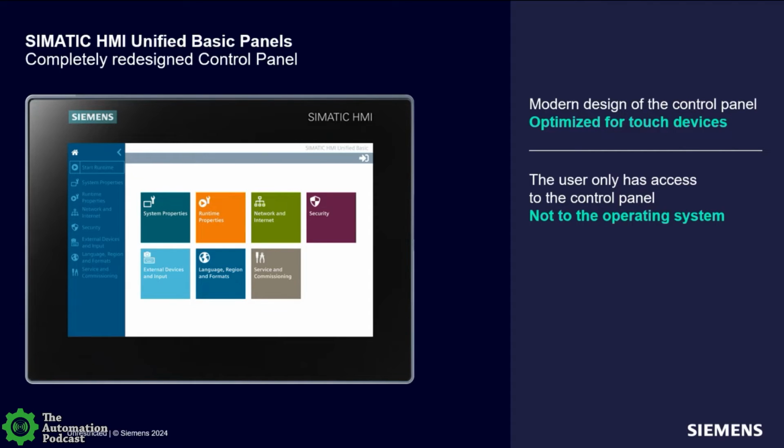So if by chance the runtime application shuts down and they are left with the splash screen of the control panel, an operator is not going to be able to just randomly go in and change the IP address or make this system go into some kind of random boot mode or maintenance mode, or perform any other task that you have already set up in the control panel. You can have that functionality locked out with the users defined in your project at download. So, again, trying to keep things very safe and secure for you.